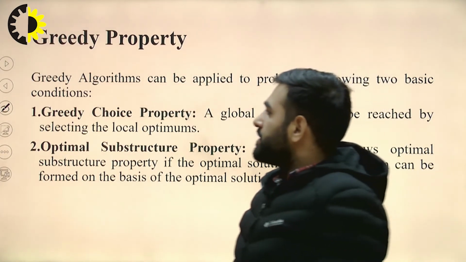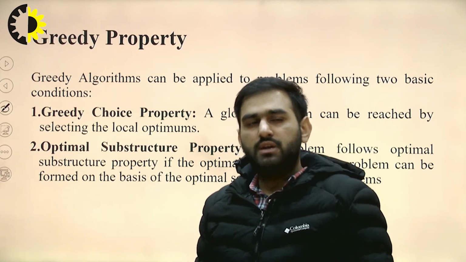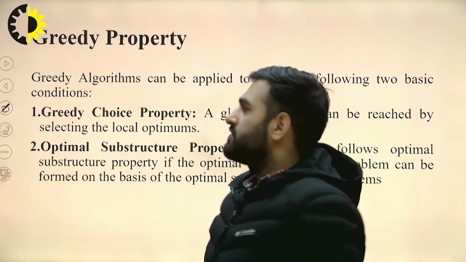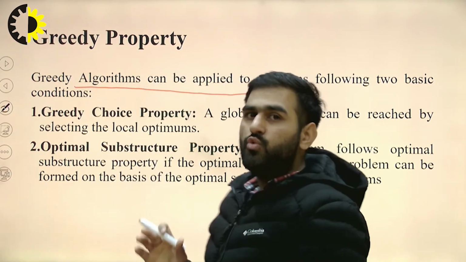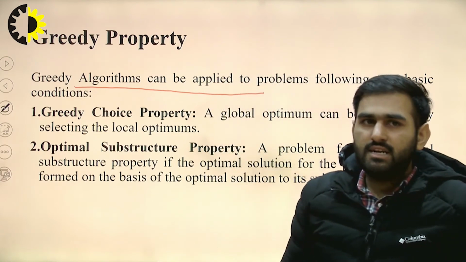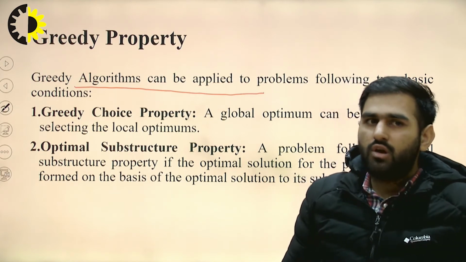Now, greedy property. Basically greedy has 2 properties. First is the greedy choice property and second is the optimal substructure property. Now see them one by one. A greedy algorithm can be applied to problems following 2 basic conditions. First is the greedy choice property. That means a global optimum can be reached by selecting local optimums.